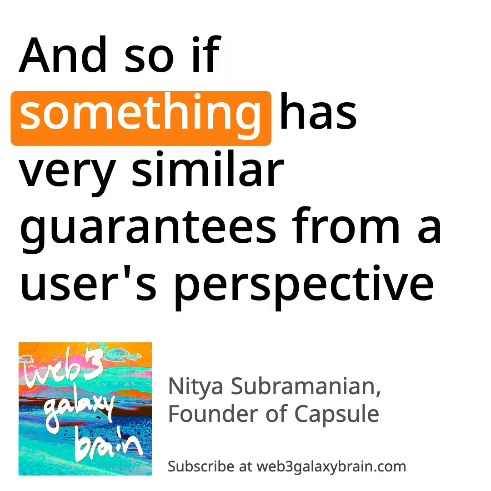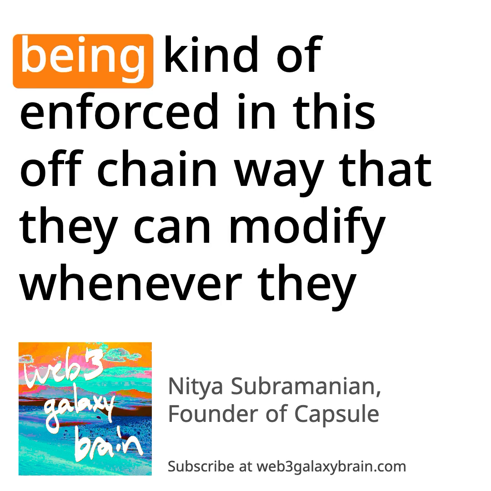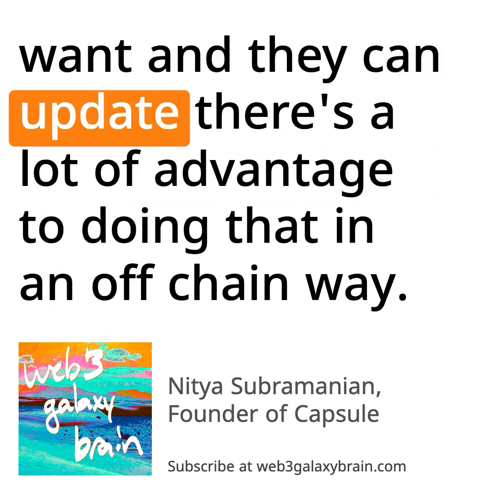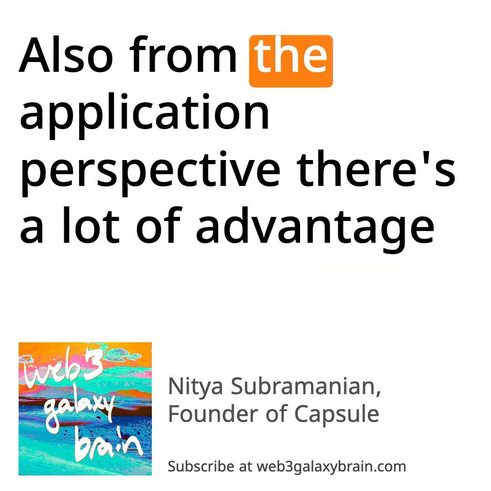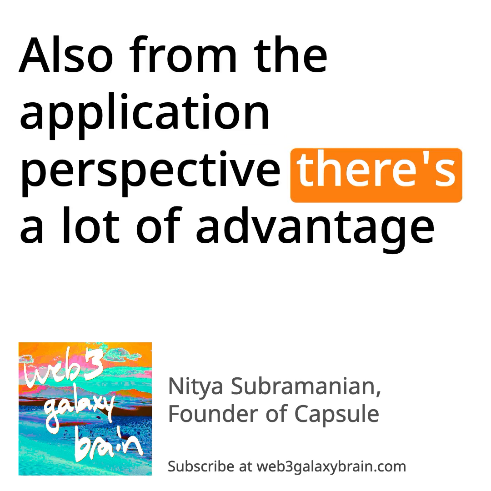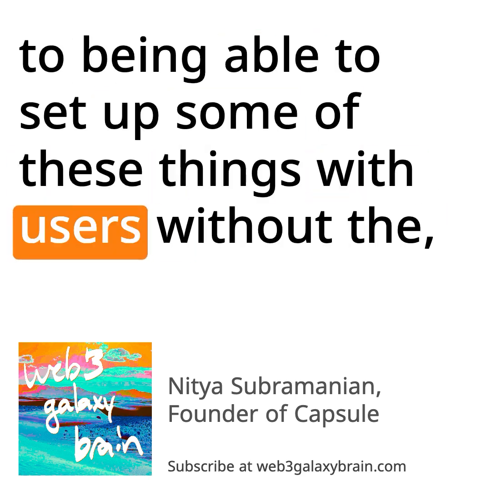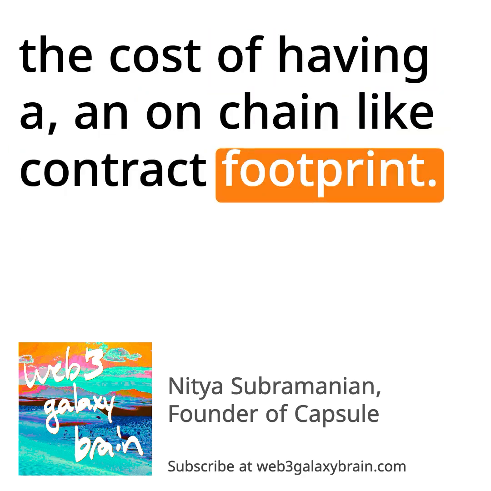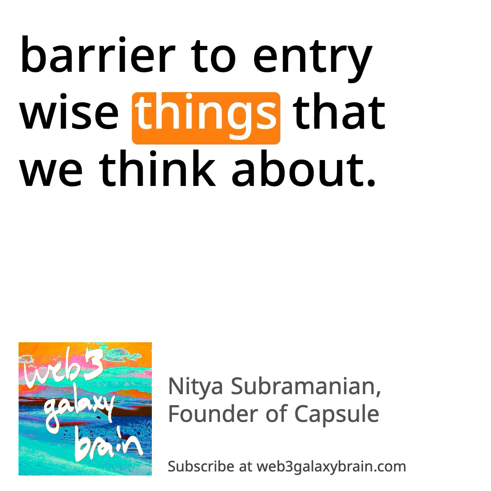If something has very similar guarantees from a user's perspective, being enforced in this off-chain way that they can modify and update whenever they want, there's a lot of advantage to doing that off chain. Also, from the application perspective, there's a lot of advantage to being able to set up some of these things with users without the cost of having an on-chain contract footprint. Those are two of the reducing-barrier-to-entry things that we think about.